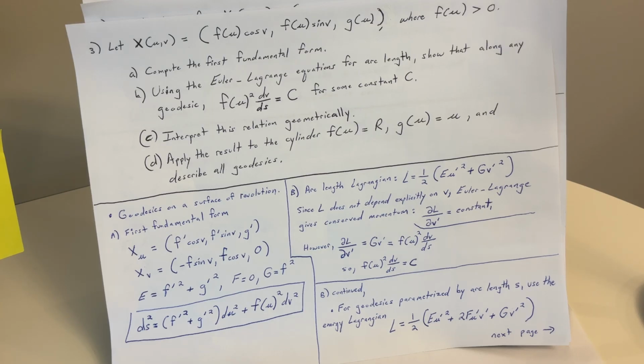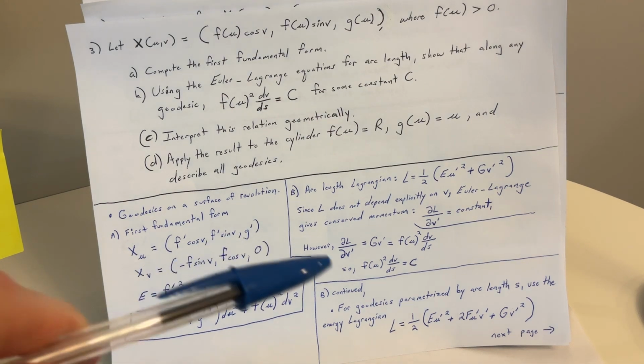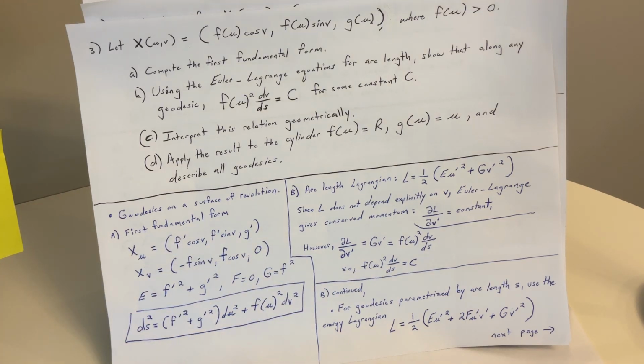So the partial of L with respect to v prime is a constant. However, the partial of L with respect to v prime equals G v prime, and that is equal to f of u squared dv/ds. So f of u squared dv/ds equals constant c.